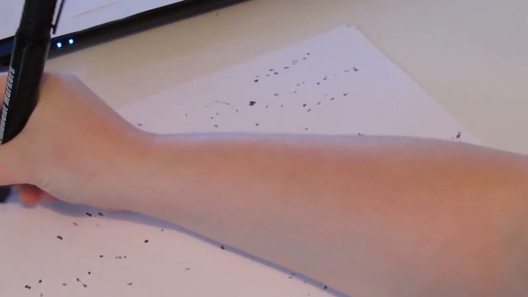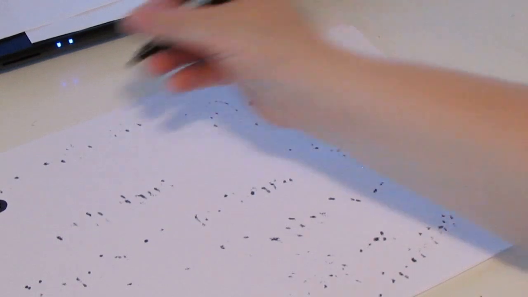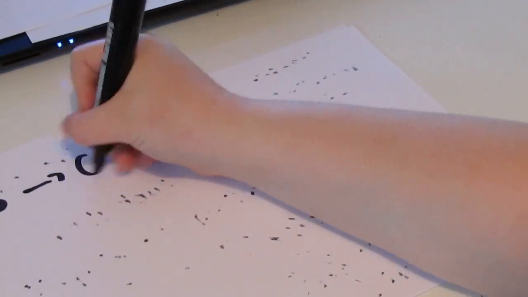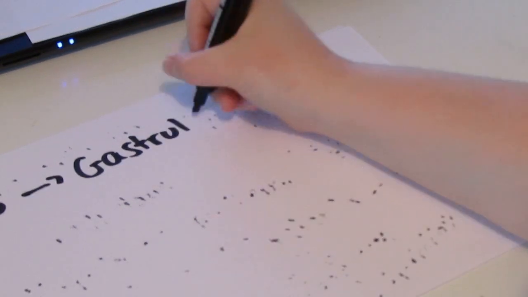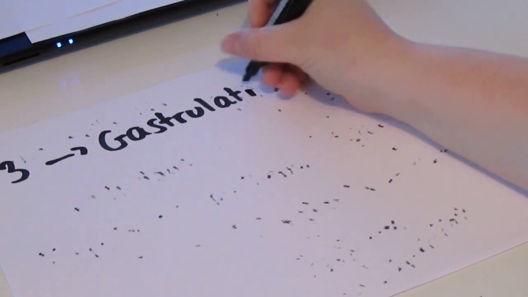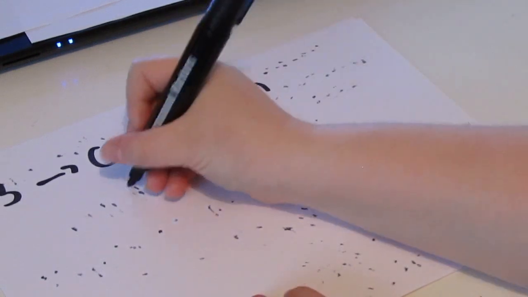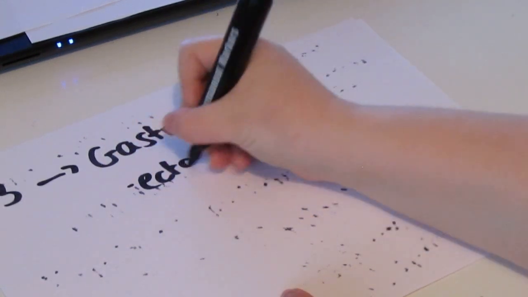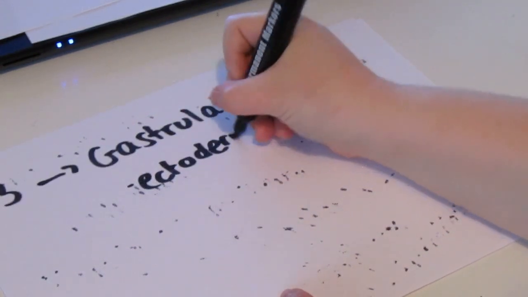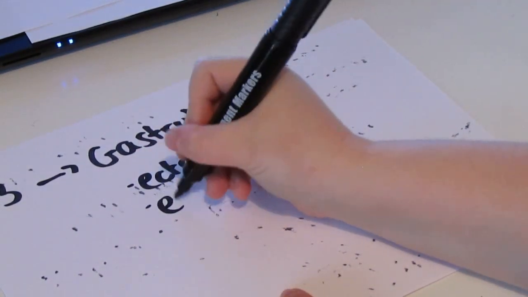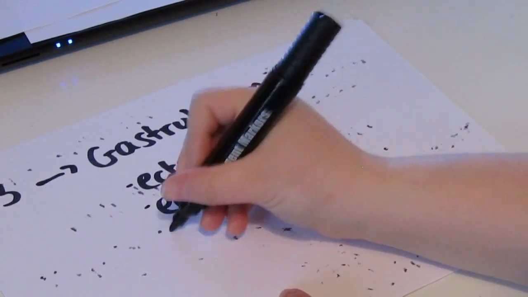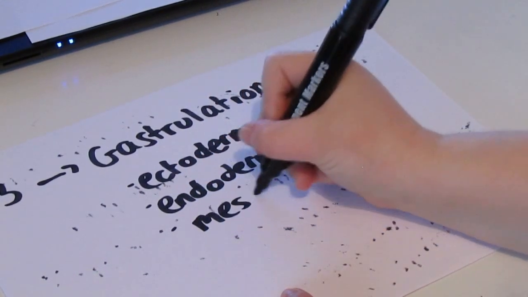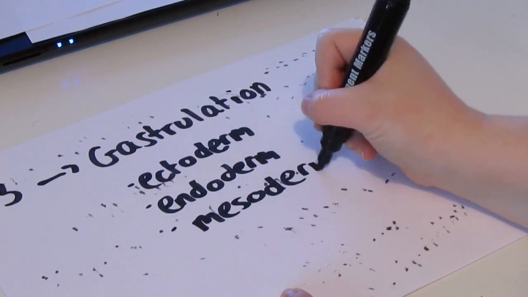Now, in week 3, we're going to skip ahead to week 3, you get gastrulation. And gastrulation is the formation of the 3 germ layers, the ectoderm, the endoderm, and the mesoderm, and this happens in week 3.